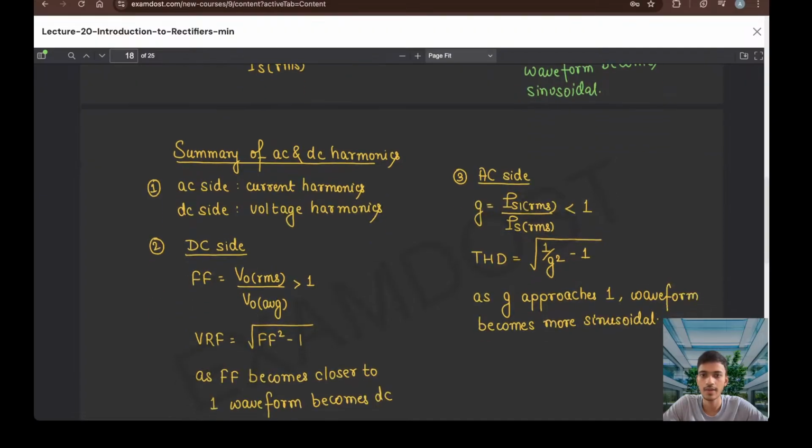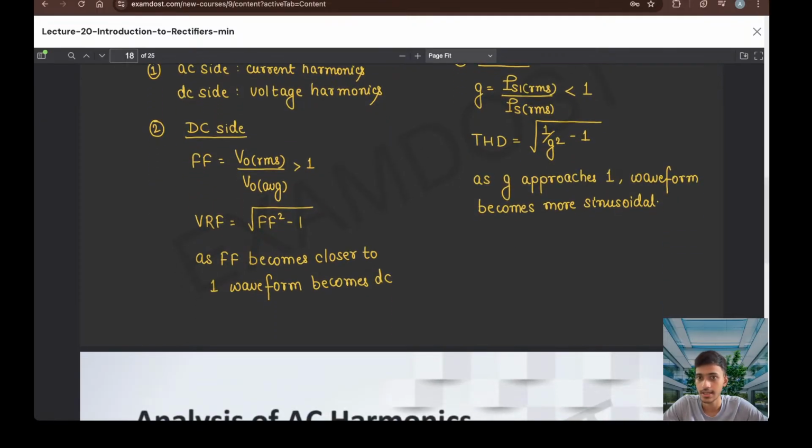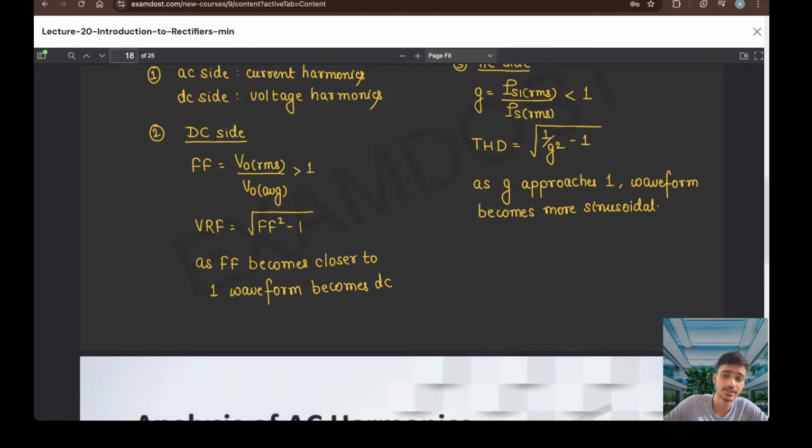So, summary of AC/DC harmonics. The AC side, the source side, will contain current harmonics, and the DC side contains voltage harmonics. The DC side has a form factor, which is VO RMS by VO average.